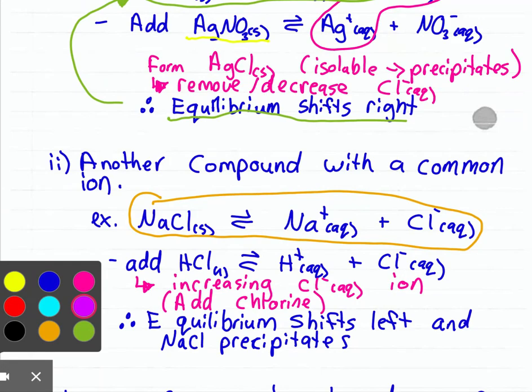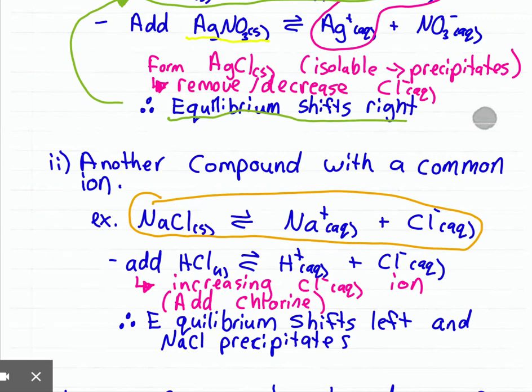None of the ions in the ion party are going to react and form a precipitate. But what we've done is increase our chloride ion concentration. When we've added our HCl and it's dissociating, we now have significantly more chloride ion in the solution.